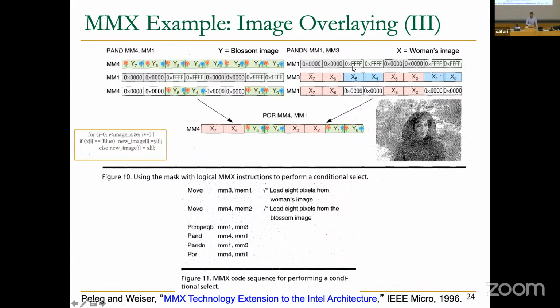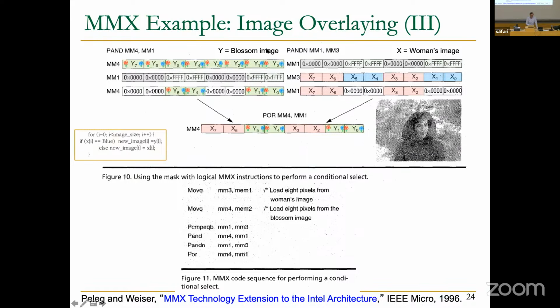And then you take the original image and AND NOT it with the mask, because basically you need to pass the pixels from the original image, which are marked in red over here. So if the mask is 1, the result is 0. If the mask is 0, you pass the original image pixels. That's why this is AND NOT. Okay, and then you basically OR these two things.